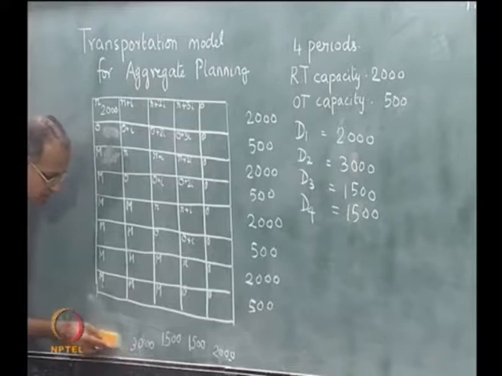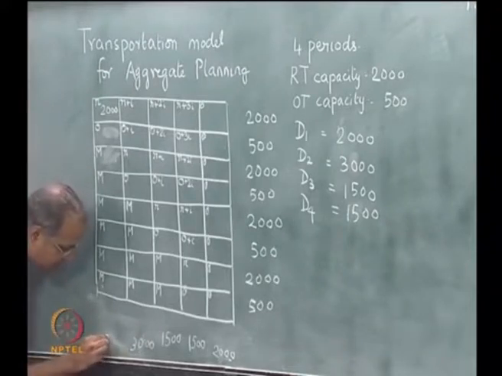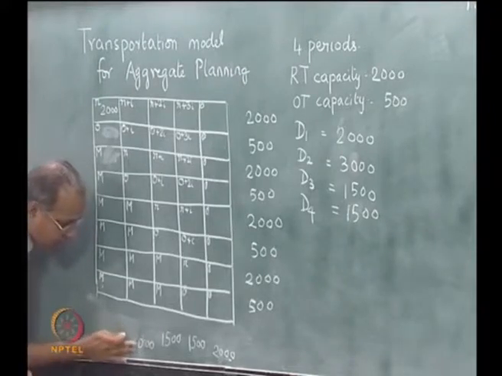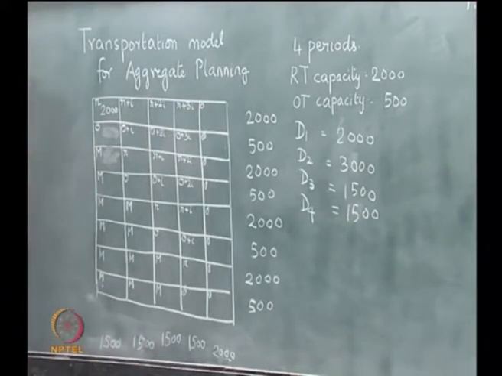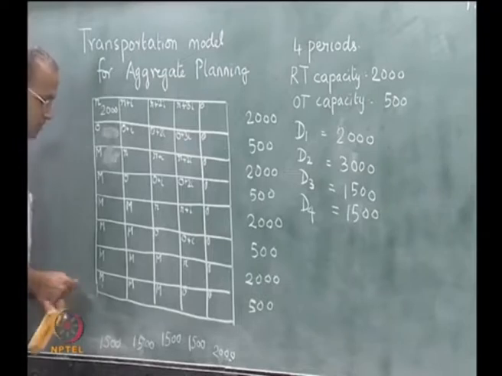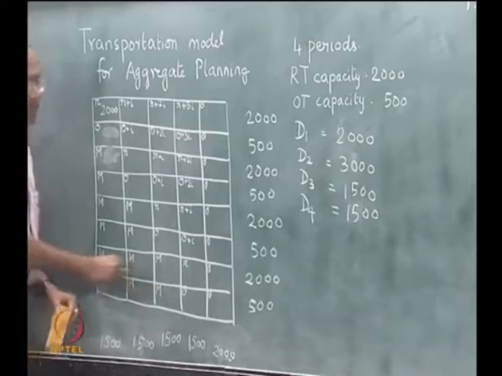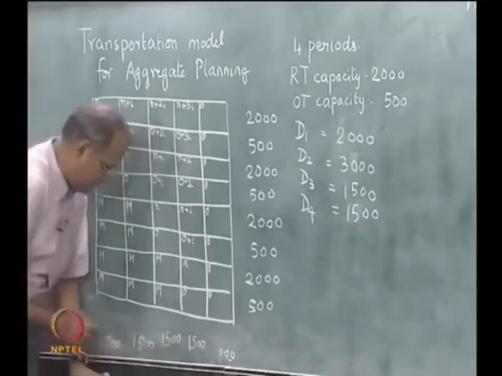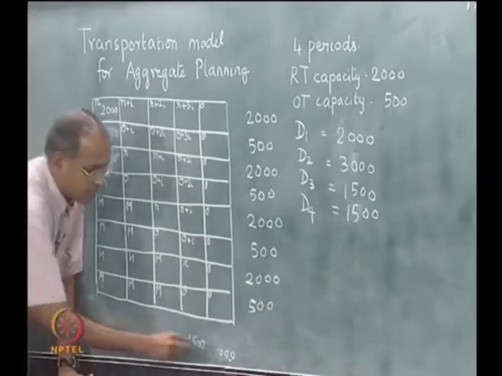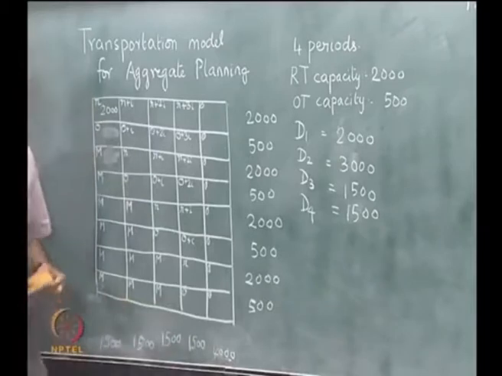So, I am going to make this as 1500 instead of this, also I am going to make 1500, so that the demands are 6000. So, this will become 4000.